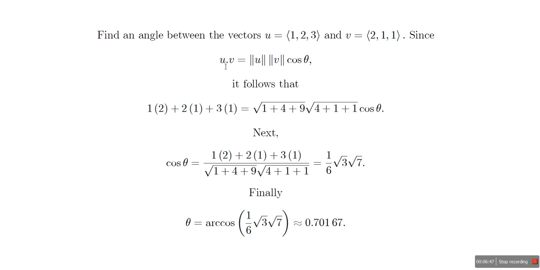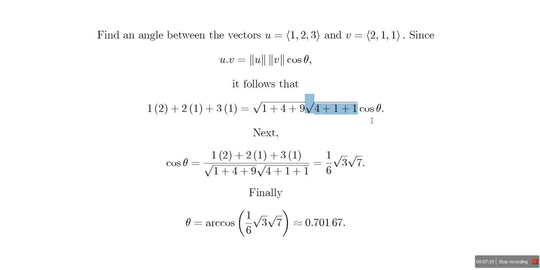First, computing u dot v, we get 1 times 2 plus 2 times 1 plus 3 times 1. And this is equal to the magnitude of u times the magnitude of v times the cosine of the angle between them.